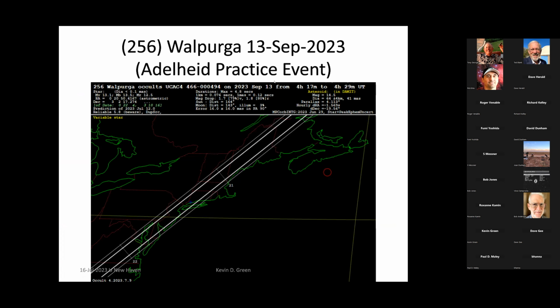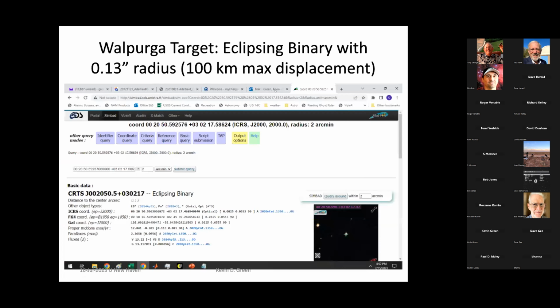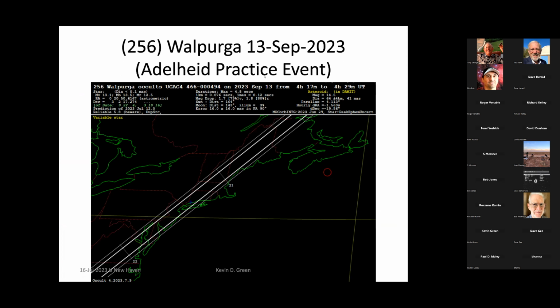So I'm looking for some practice events for the Adelheid event, because I really want to find another chord on that moon. This was one that is occurring between then and now.